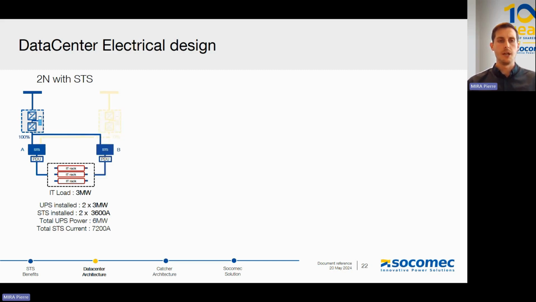And in case we are losing one UPS, the static transfer switch will transfer the PDUs in order to feed 2 paths of the servers. So at this moment, on a 3 megawatt IT load architecture, we have to bring 7,200 amp of static transfer switch.